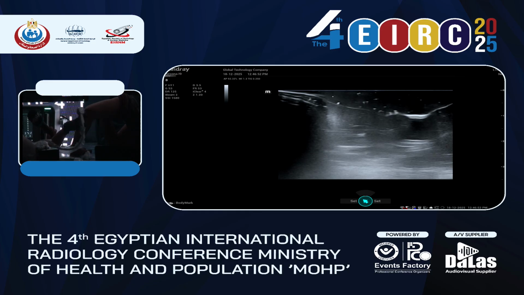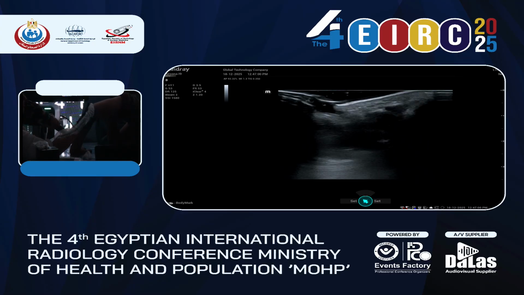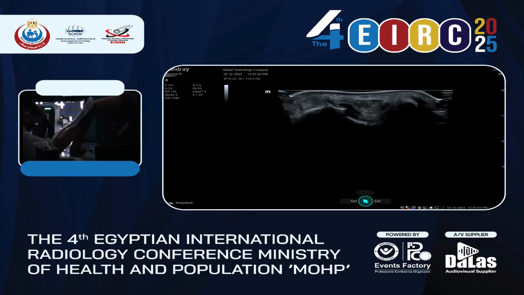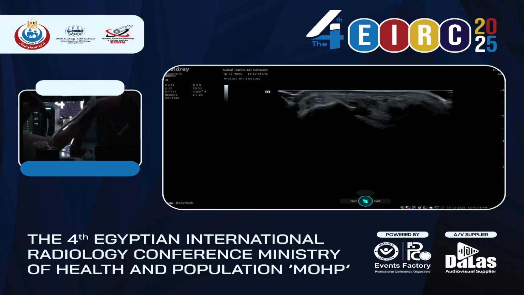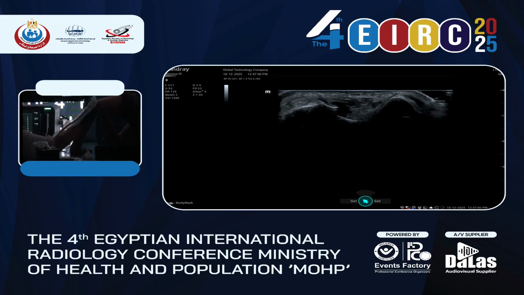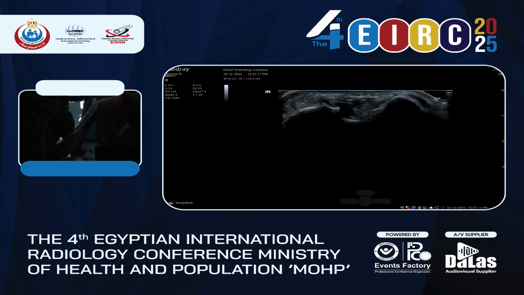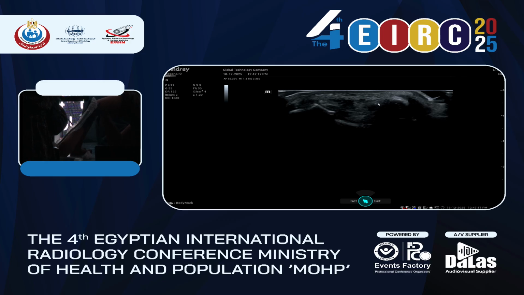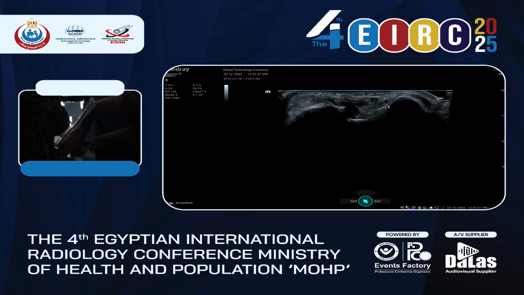We put a large amount of gel on our probe or in this area, and we put our probe exactly between these two bony landmarks, and we expect to see our ulnar nerve just next to the medial epicondyle, okay?